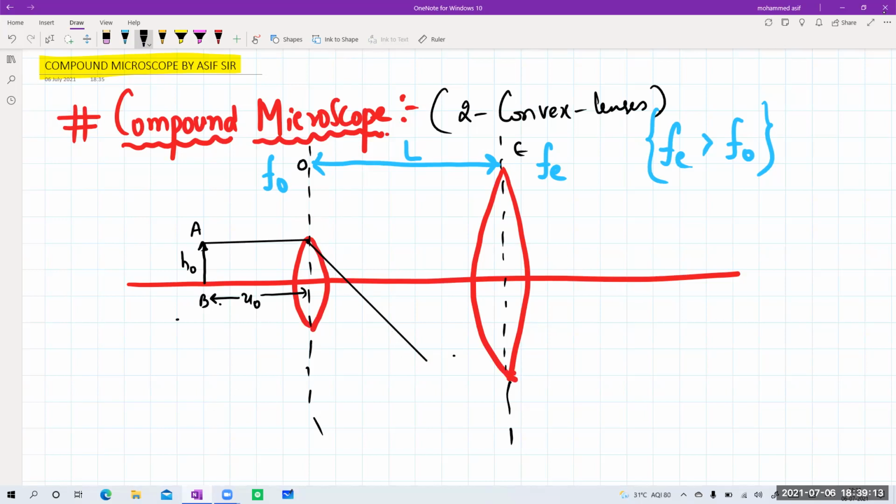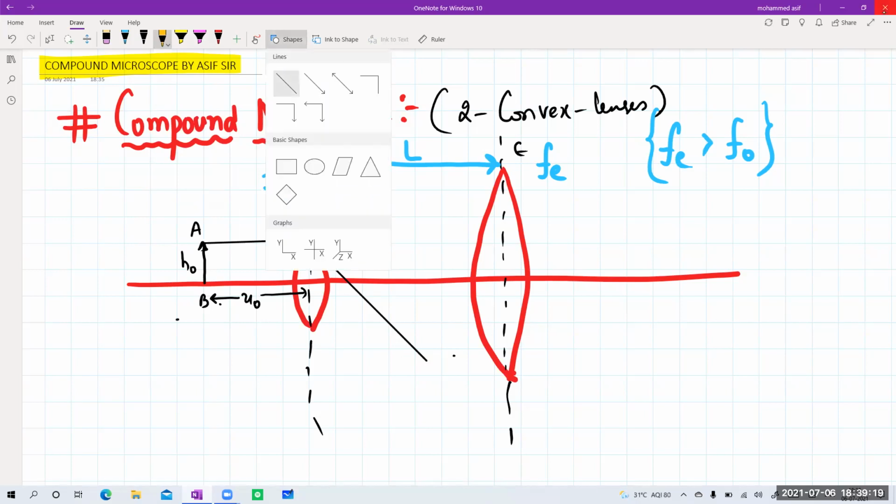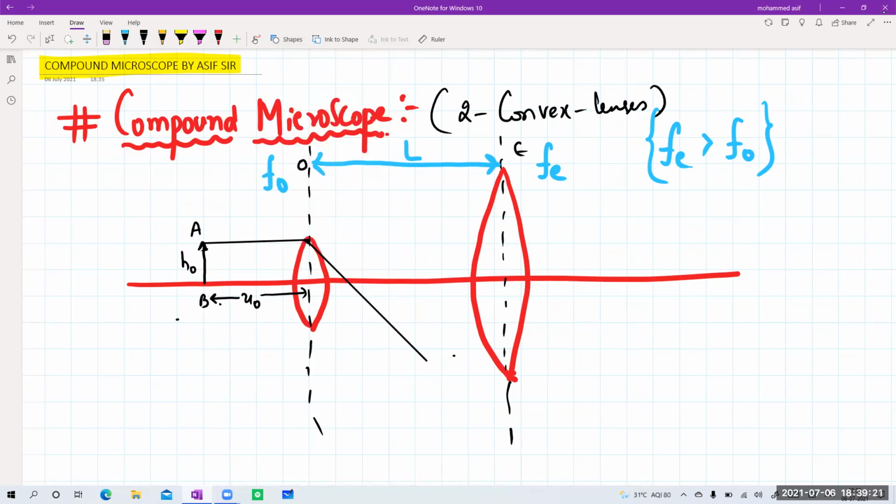Another ray of light that I'm taking now for this one will pass through the principal focus.